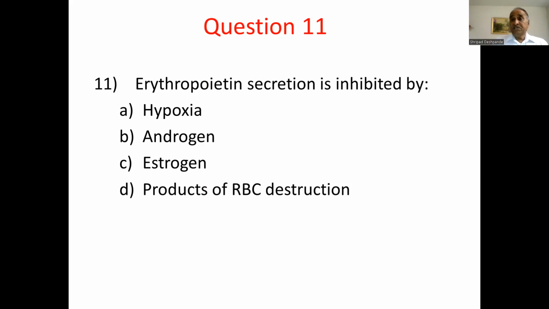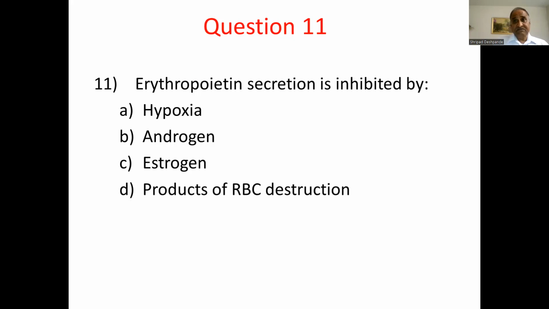Androgens stimulate erythropoietin secretion from the JGA. Products of RBC destruction will stimulate erythropoietin secretion. Estrogen does not stimulate.